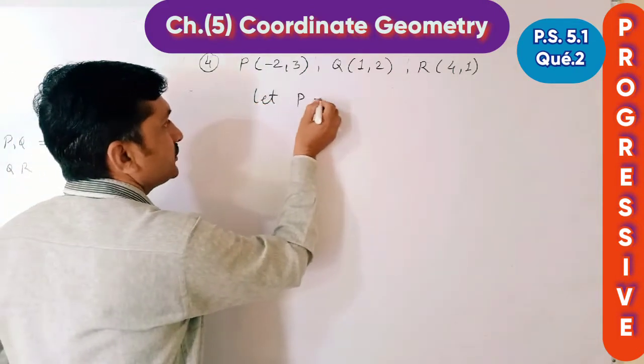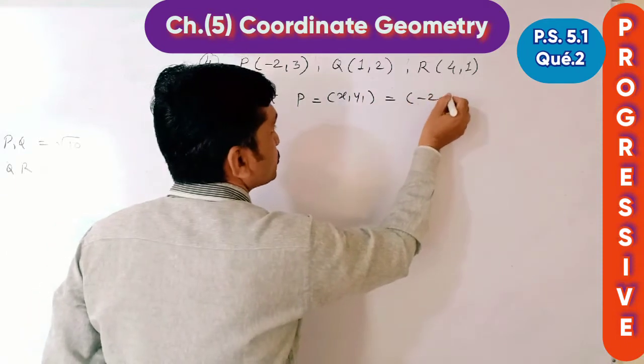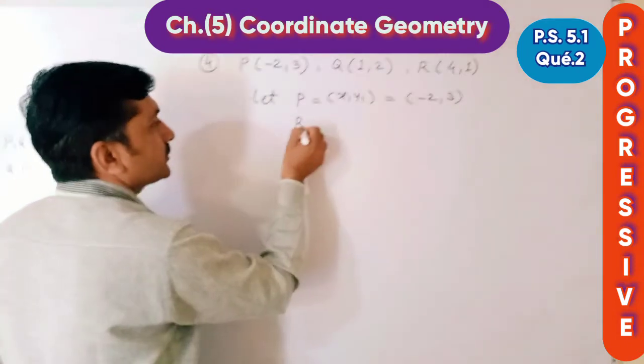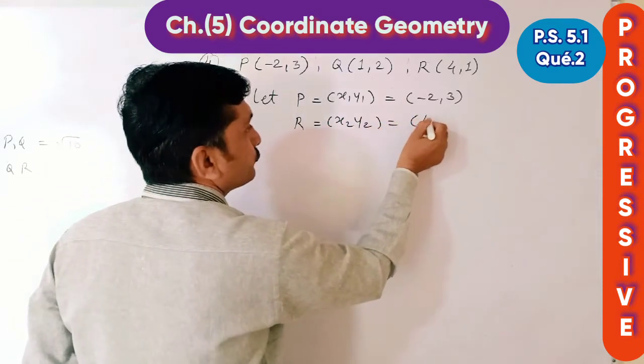Now let's find distance PR. Let P be (x1, y1) = (-2, 3), R be (x2, y2) = (4, 1).